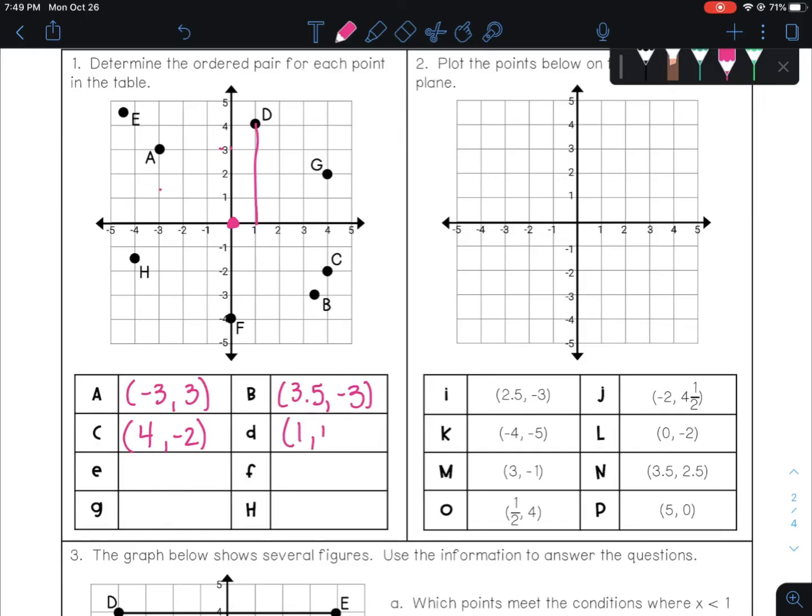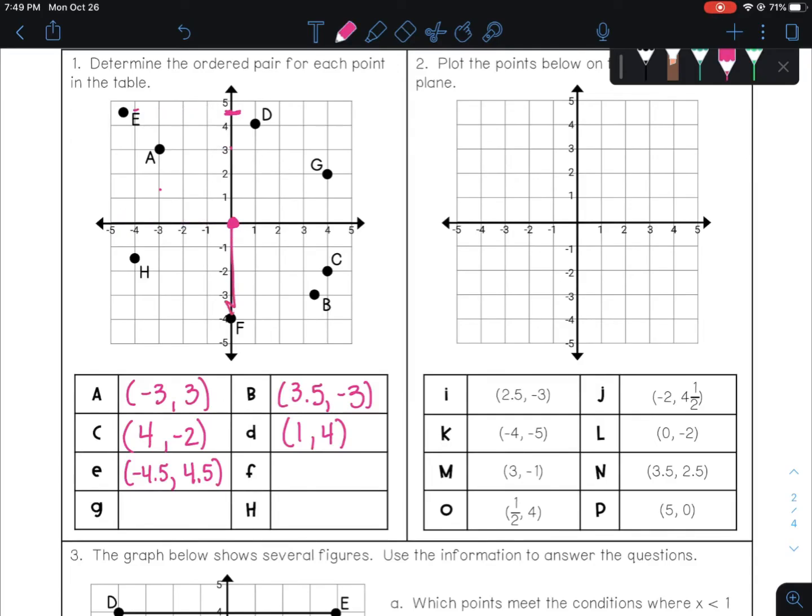So 1, 4. For point E, we're going to go over, and now we're actually halfway between -4 and -5, which is -4.5. And then we're going to go all the way up, halfway between 4 and 5 again, so 4.5 there as well. And then point F, we're not going to go left or right at all.